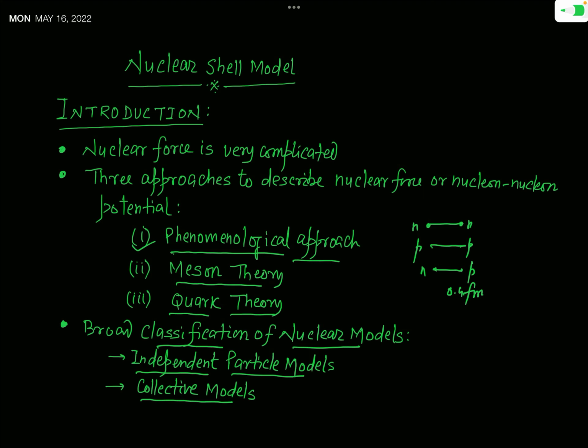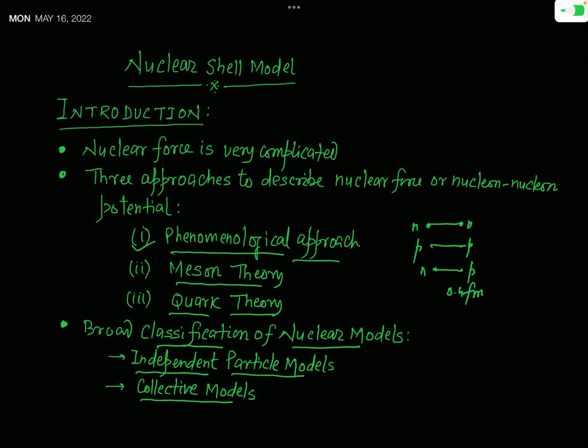If the nucleus is deformed, then one can use a Nilsson type of deformed potential. By introducing the spin-orbit coupling, one can obtain single particle energy levels which exhibit a shell structure in accordance with the magic numbers observed experimentally. In this lecture, first of all, we will see the evidences for these magic numbers. You will see just now.